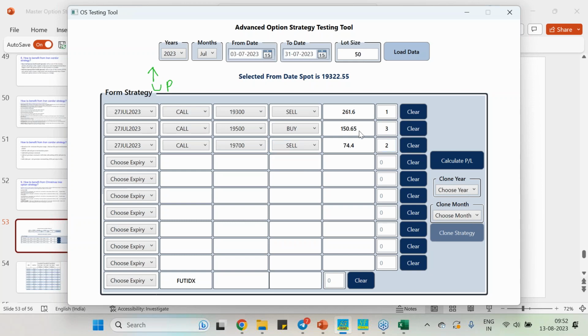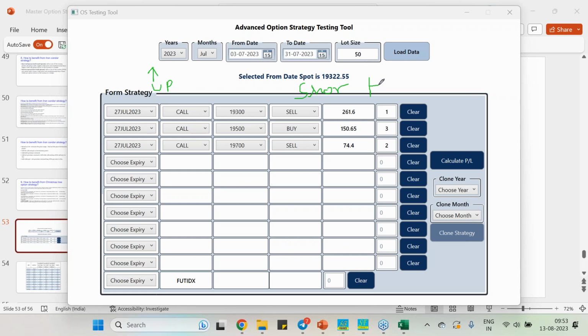Here you can see an uptrend breakout given, I'll be taking the short Christmas tree. Downtrend breakout given, I can go for a long Christmas tree, or I can go for a short Christmas tree in put options. So a long Christmas tree in the call options, or a short Christmas tree in the put options in case of a downtrend, and the same process, a short Christmas tree in the call option and a long Christmas tree in the put option in case of an uptrend breakout.